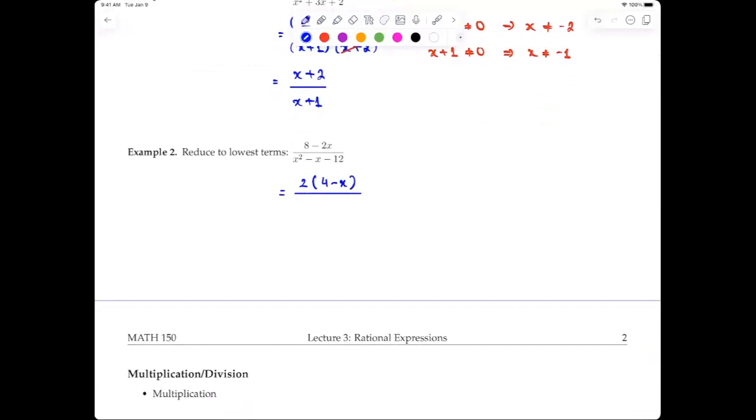What about the denominator? What are the factors? -4 and 3. So x minus 4 times x plus 3.